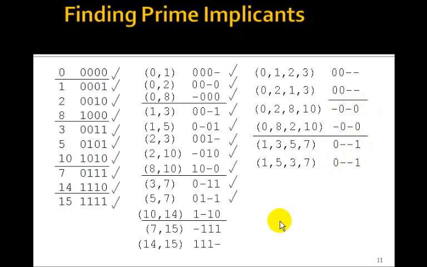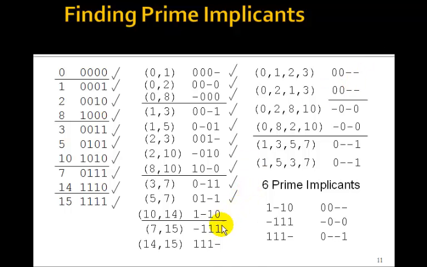These are all prime implicants: 1 dash 1 0, dash 1 1 1, 1 1 1 dash, 0 0 dash dash, dash 0 dash 0, and 0 dash dash 1. Here, we'll just list them. These are our 6 prime implicants.